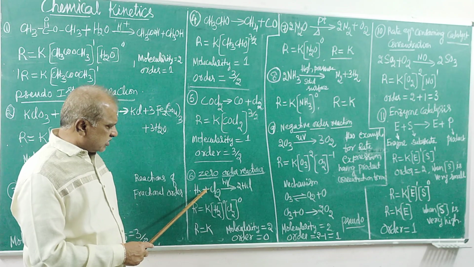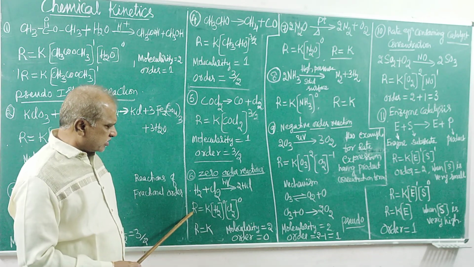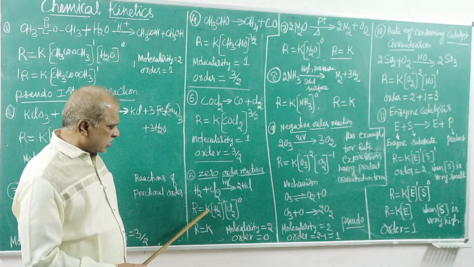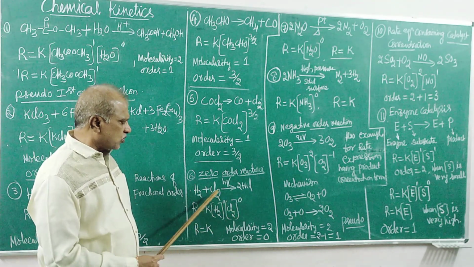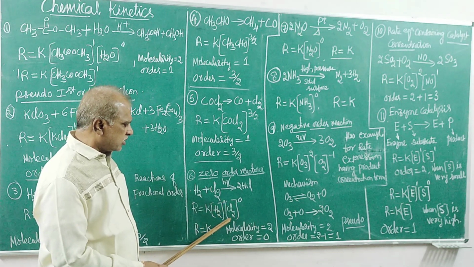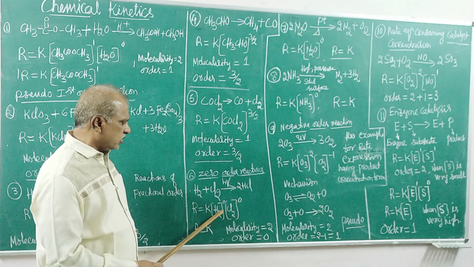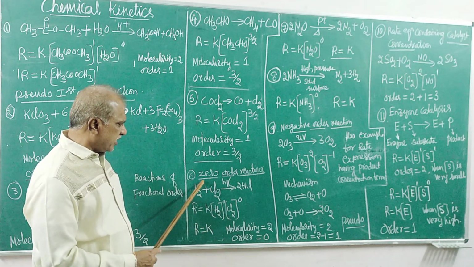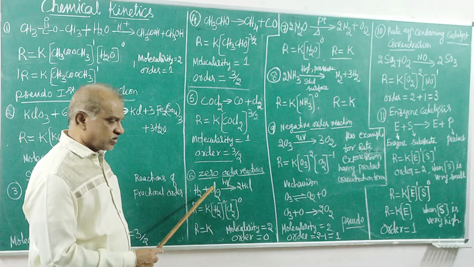When you look at this reaction, the rate of the reaction does not depend on the concentration of hydrogen and also does not depend on the concentration of chlorine. That is concentration to the power of 0, concentration to the power of 0. It is 1, it is 1. R is equal to K. So the rate of the reaction is equal to its rate constant.